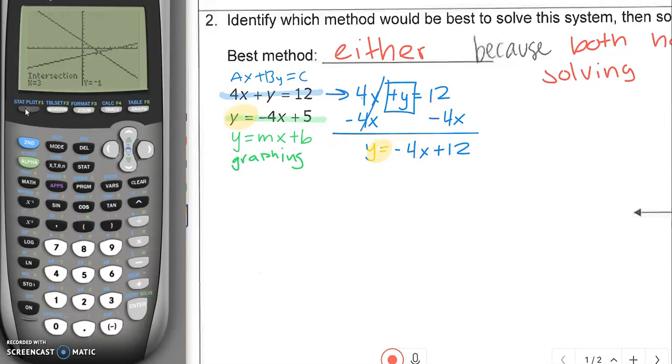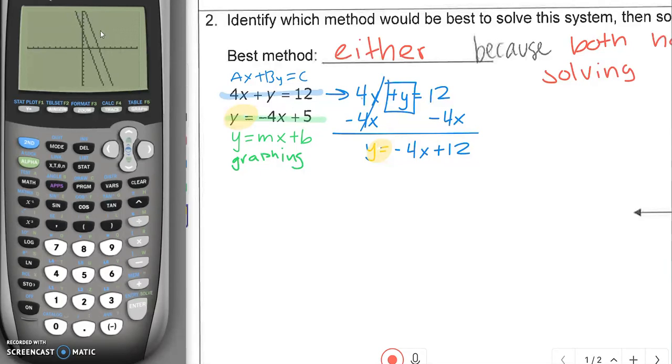I go back to y equals, and the first one is now negative 4x plus 12, and the second one is now negative 4x plus 5. Ooh, I'm starting to notice something. What are you noticing? Sorry about that bell.